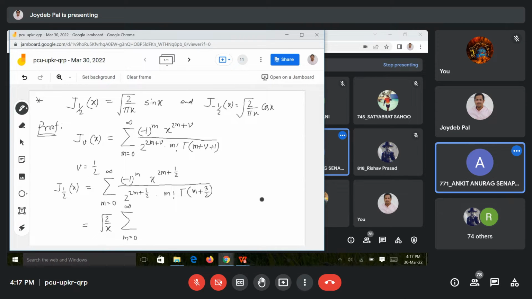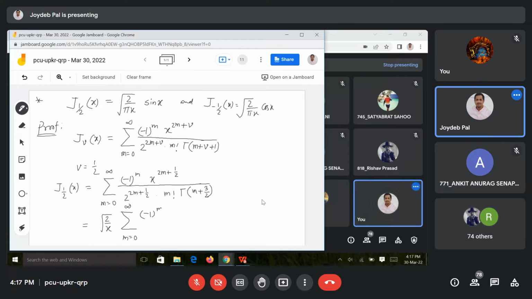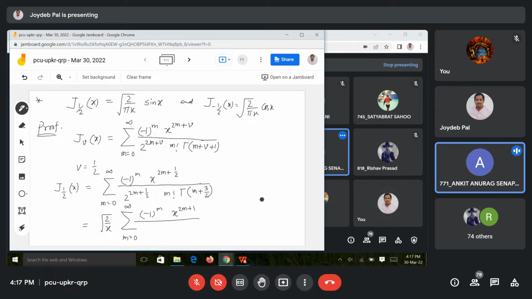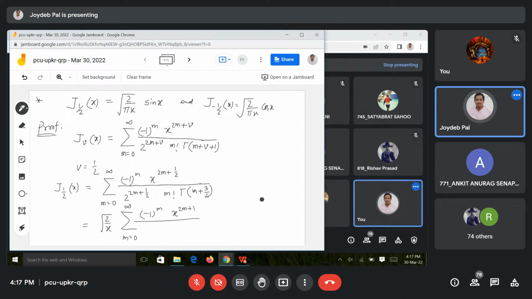Therefore, it will be x to the power 2m plus 1. And I have taken an extra root 2, so I multiply 2 to the power half in the numerator and the denominator becomes 2 to the power 2m plus 1. Have you understood, everyone? Yes, sir.